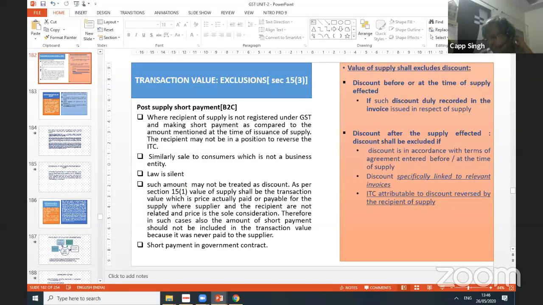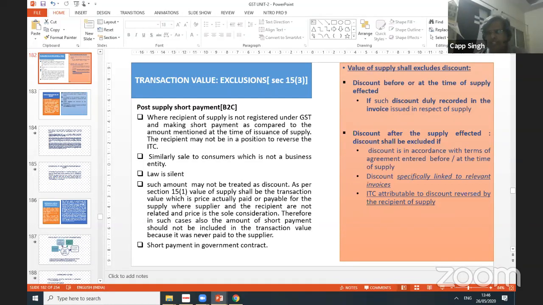Yes, the exclusion portion is the discount. There may be a discount known at the time of or before the supply is effected. Any discount known before or at the time of supply is to be reduced on the invoice itself. Suppose I have sold some goods for 100 and a 10% discount is provided, then 100 minus 10, on the 90 we have to impose GST, and that amount will be payable.